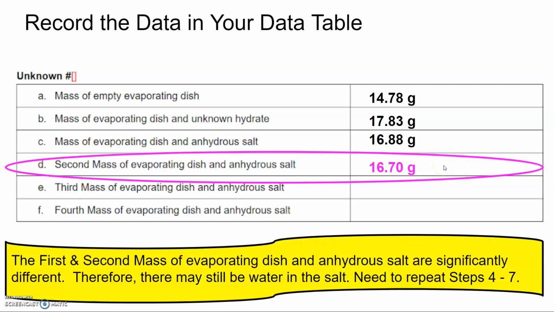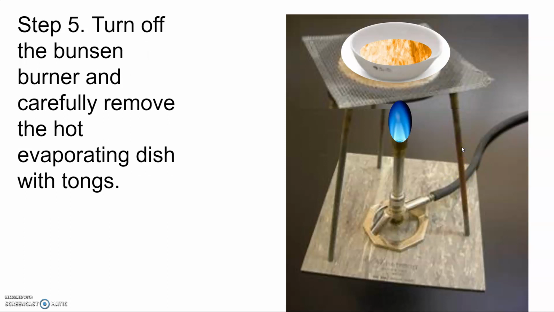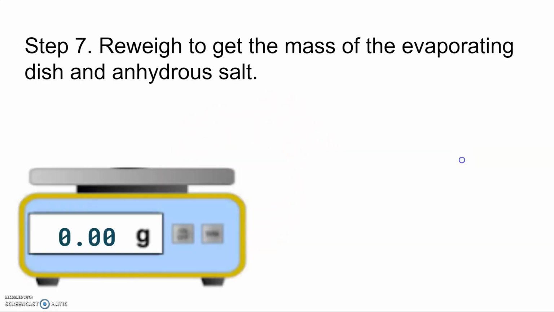Once again, we're going to heat it and then reweigh it. We're heating this again for 2 minutes. Let's see if we removed all the water this time. We turn off the Bunsen burner, remove our evaporating dish and let it cool down to room temperature. Then we reweigh it.